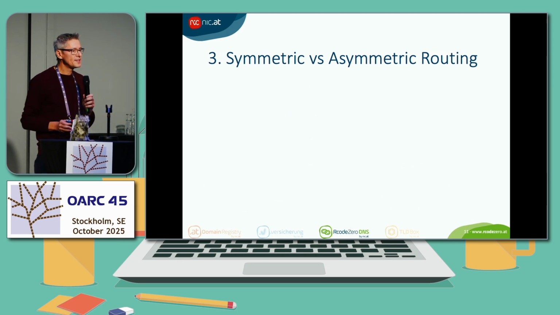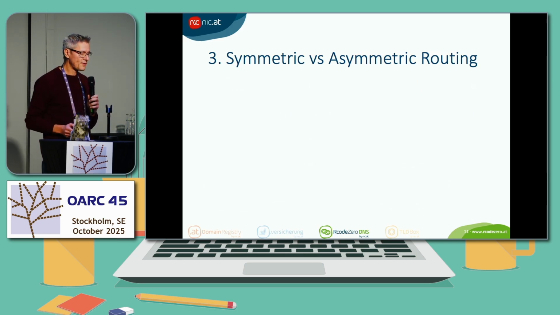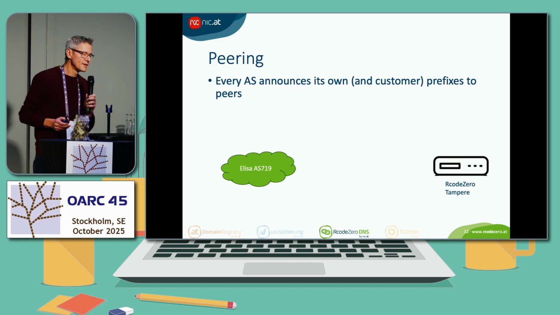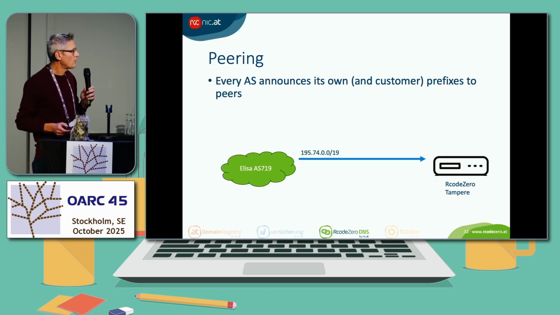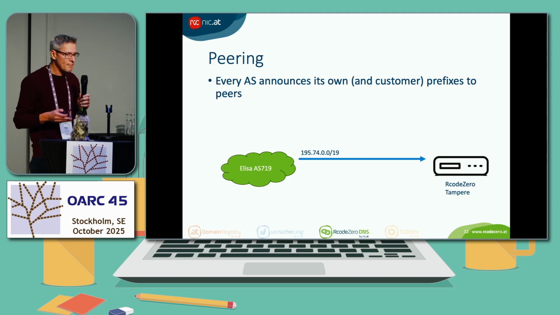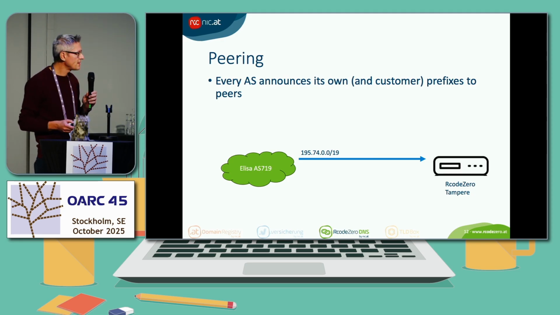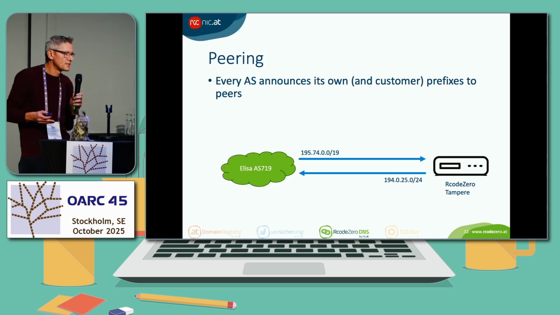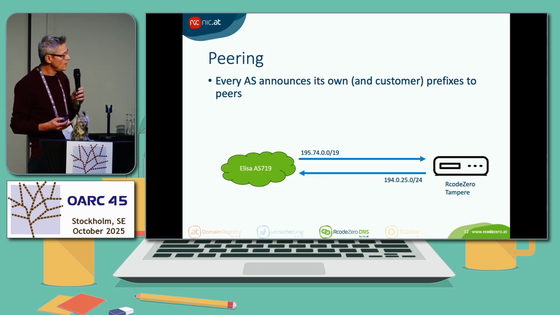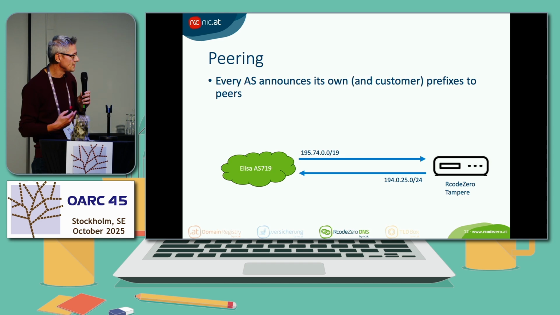And the third thing is asymmetric routing. I first start with symmetric routing. In a typical peering setup, for example, this is a real case we have in Tampere at the Trax Internet Exchange in Finland. We are there peering with Elisa. Elisa is announcing their prefixes to us, and we announce our Anycast prefix to Elisa.